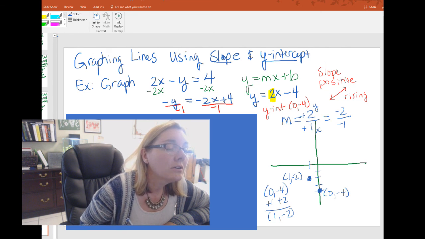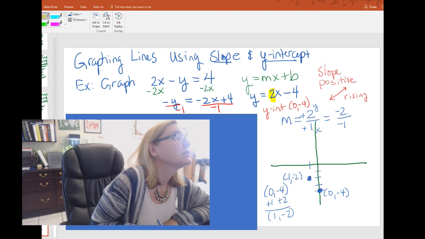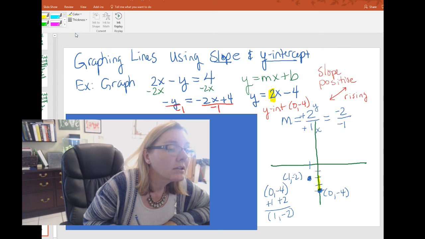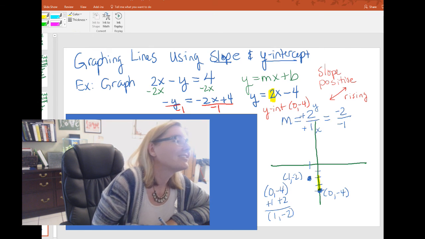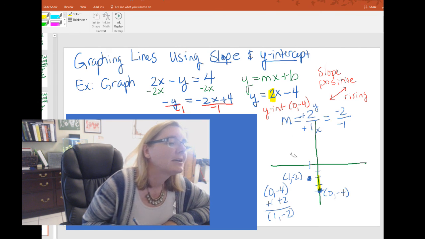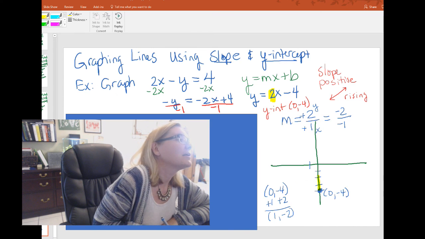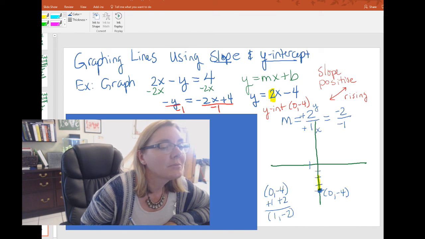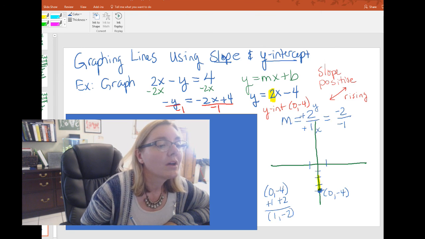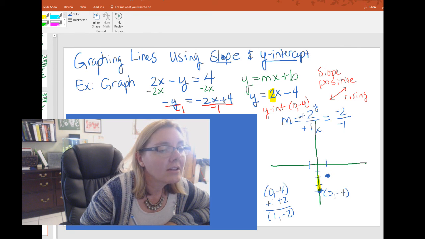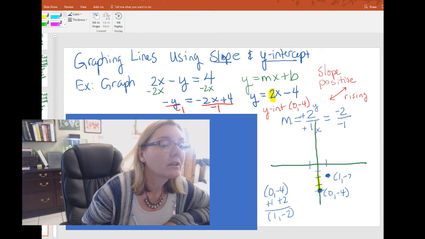Okay. Now notice if you did it the other way... oh, I just graphed it wrong. Sorry guys, bad teacher, I made an error. Okay, let's back up. So we found 1, negative 2, but I plotted it in the wrong spot. 1, negative 2, there we go.